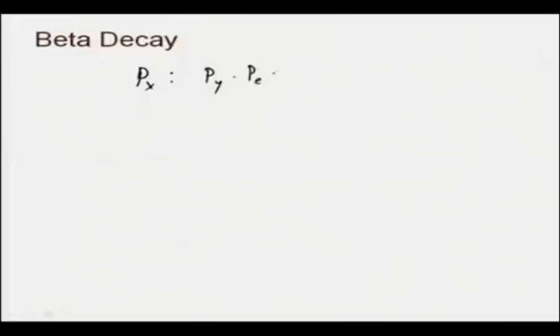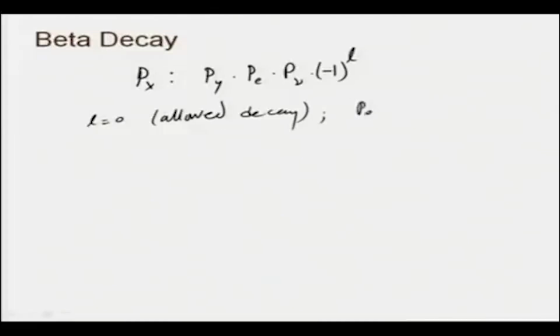Then you have the electron and the neutrino, and you have the parity due to the orbital angular momentum, let us say L, which is minus 1 power L. And if we are considering the L equal to 0 allowed case, then we also know that P e is equal to plus 1, P nu is equal to plus 1, and therefore, that will give you P x is equal to P y.